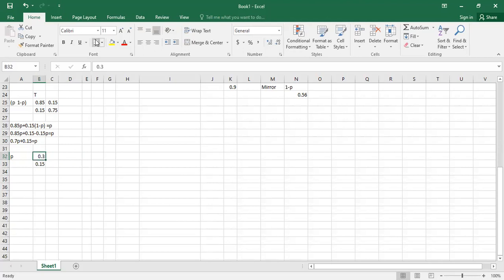How do you get? Is it 0.15 or is it 0.25? 0.25. We are working with the wrong value. Somebody said 0.15.